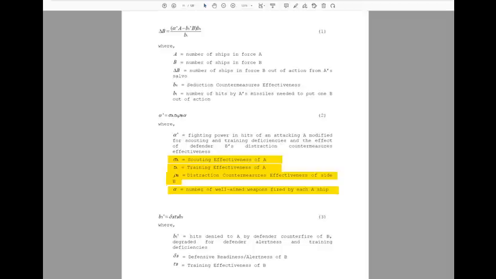For example, what is sigma A, which is scouting effectiveness of somebody? Well, it is usually expressed as the mathematical expectation, which is the weighted average, but it also could be expressed as a probability of detecting something. Scouting is basically ISR, intelligence, surveillance, reconnaissance. It's how you detect things.